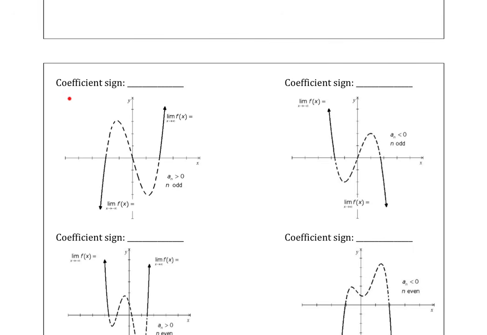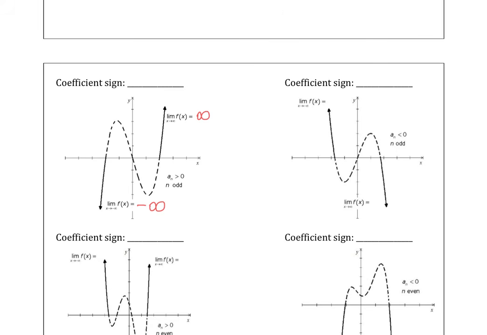If our coefficient sign would have to be positive here. They're telling us positive and the power is odd. So what happens as we move to the right? The graph is unbounded up, but at the left, the graph is unbounded down.